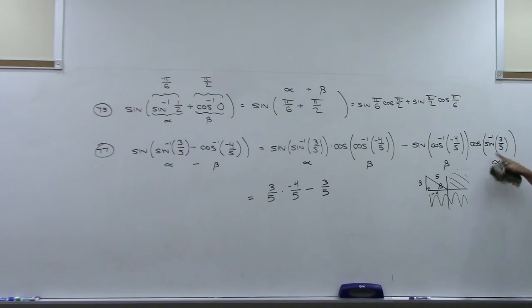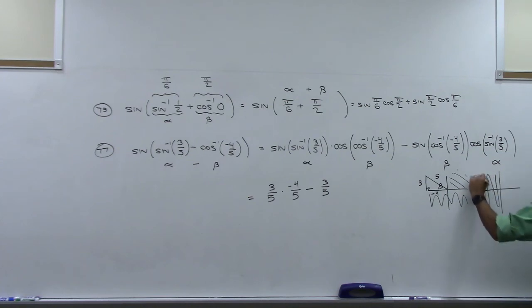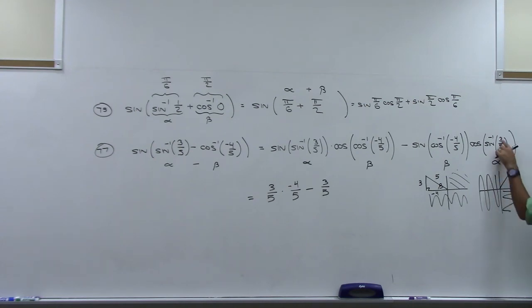Now I need to know what this one is. So I'm going to draw a different little triangle. I'm dealing with arc sine, so I'm in the first or the fourth quadrant. It's a positive number, so I've got to be up in the first quadrant. Arc sine is opposite over hypotenuse, which means that this adjacent side is 4, and it's positive 4 because we are in the first quadrant.